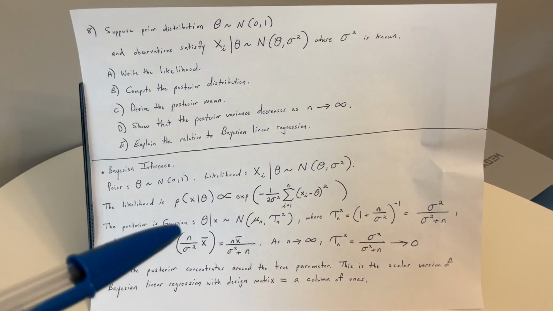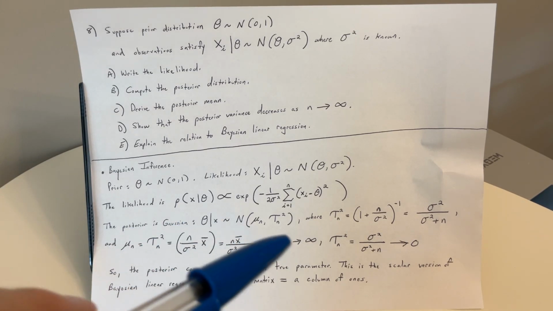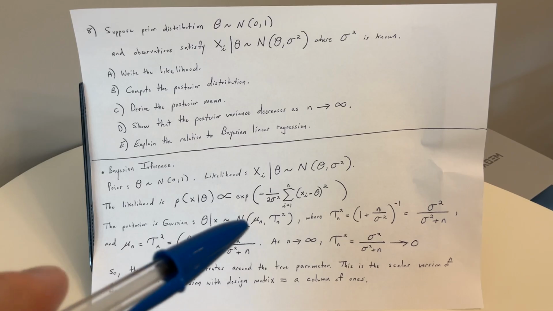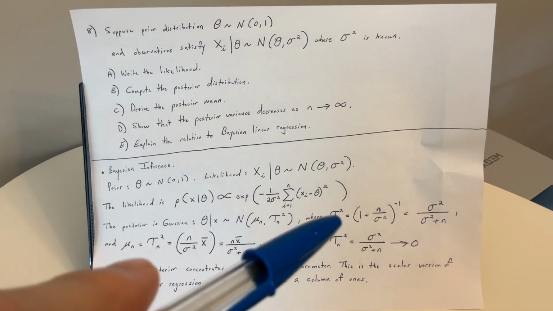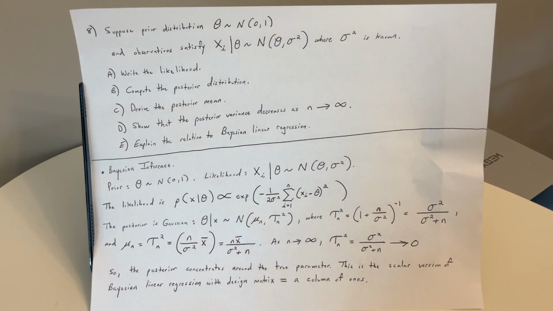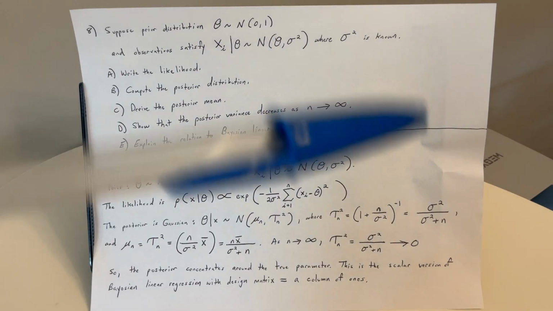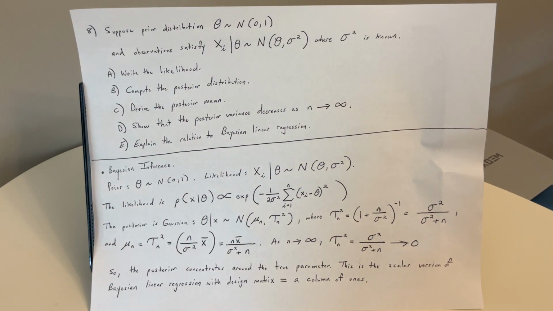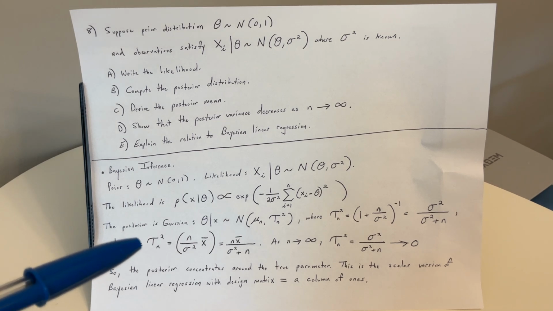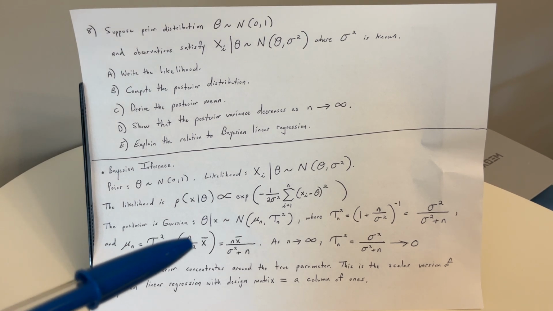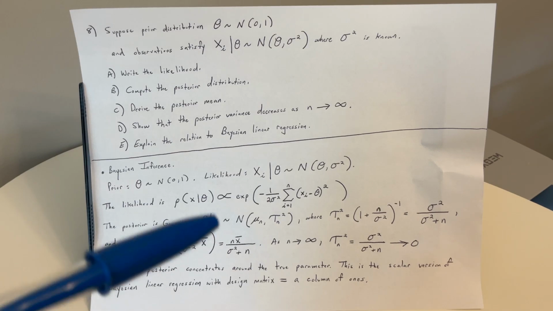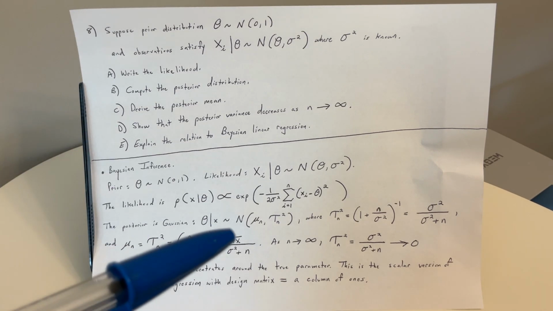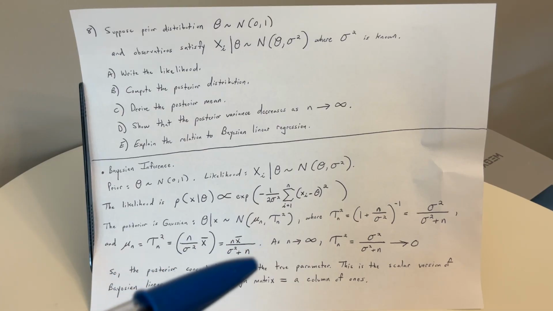So the posterior is Gaussian. We're given the following, where tau sub n squared equals 1 plus n over sigma squared, raised to the negative 1, equals sigma squared over sigma squared plus n. And mu sub n equals tau sub n squared times n over sigma squared times x bar, and that equals n x bar over sigma squared plus n.